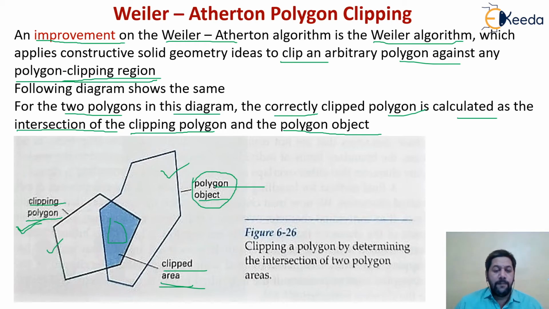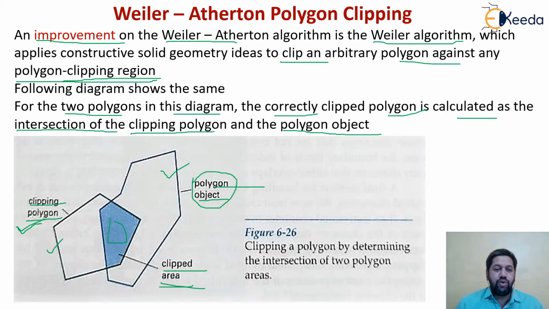So this is all about polygon clipping. Before that we learned line clipping, and now we have learned polygon clipping, and under polygon clipping we have learned two important algorithms: the Sutherland-Hodgman polygon clipping algorithm and the Weiler-Atherton polygon clipping algorithm.